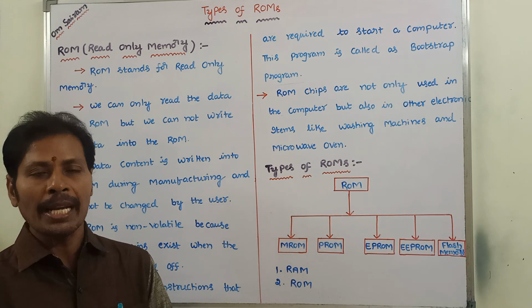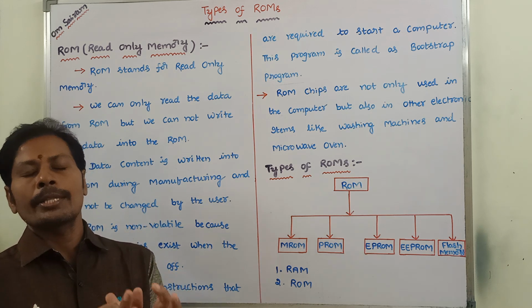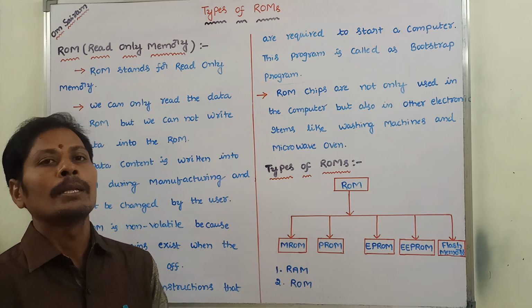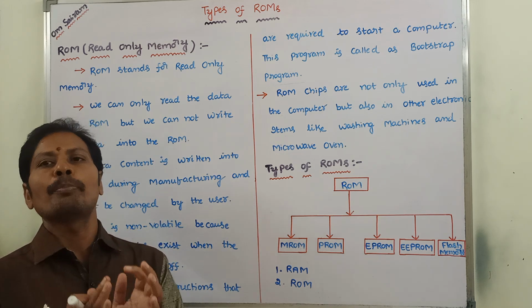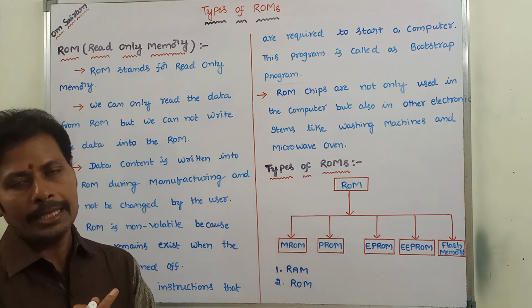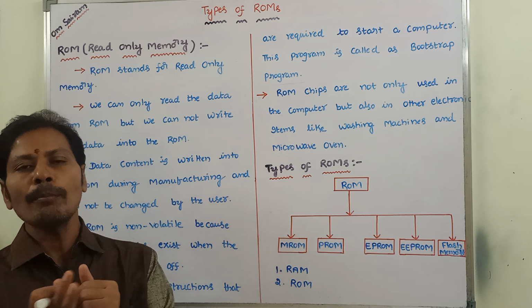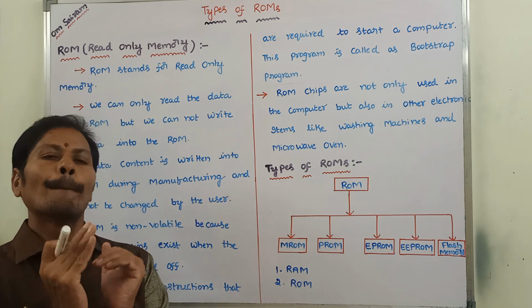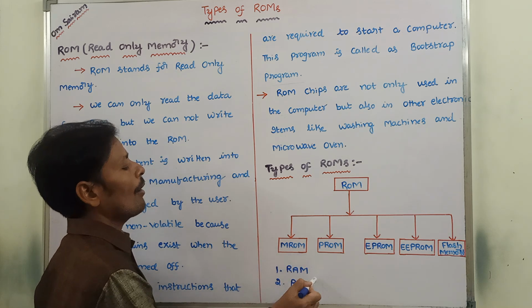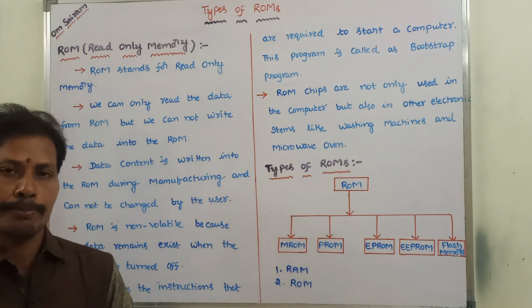That means the data that is stored in the RAM, we can read, and data can also be written into the RAM. Both read and write operations can be performed on the random access memory.